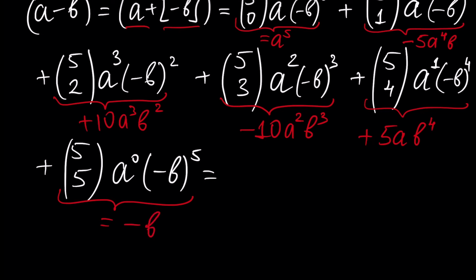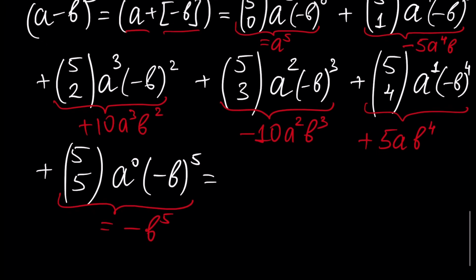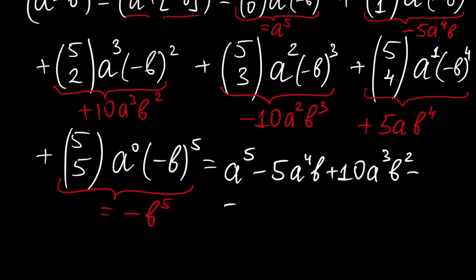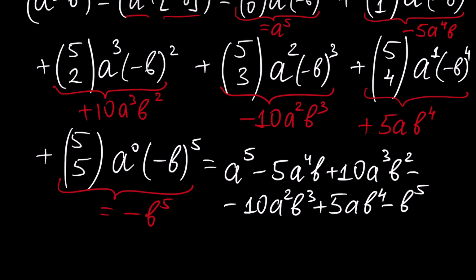So this is minus b to the power 5. And if we rewrite what we have, it will be a to the power 5 minus 5 a to the power 4b plus 10 times a to the power 3 b squared minus 10 times a squared b cubed plus 5 a b to the power 4 minus b to the power 5.